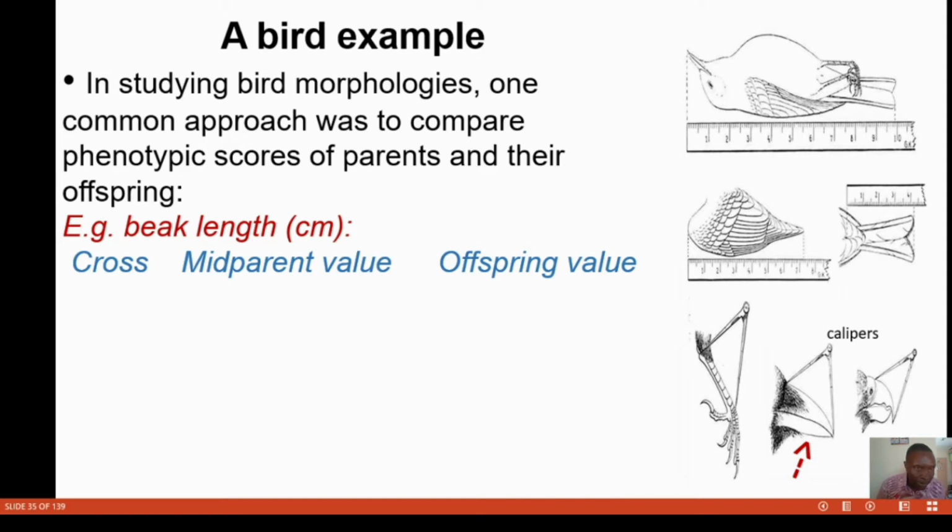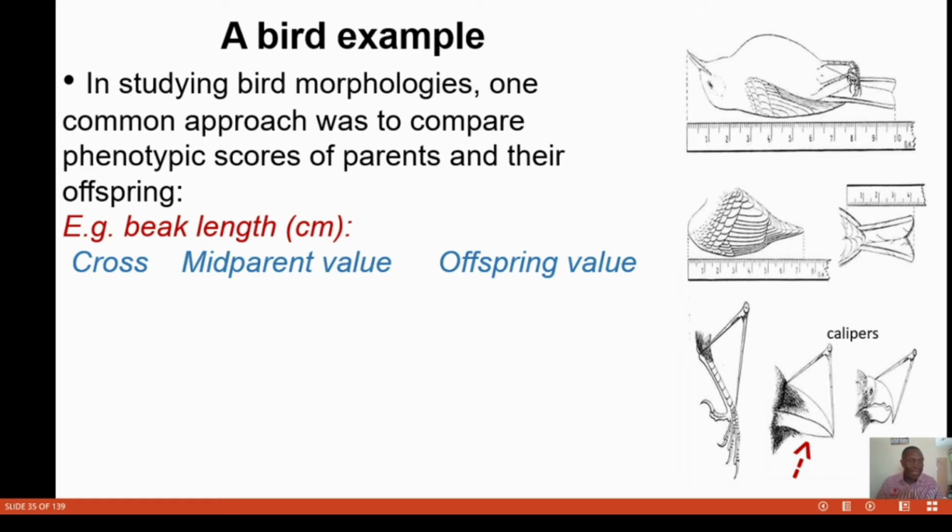We can also measure the wings, as you can see below, and the rear part of the feathers. You can also use calipers to measure the length of the feet, and to measure the beak length.